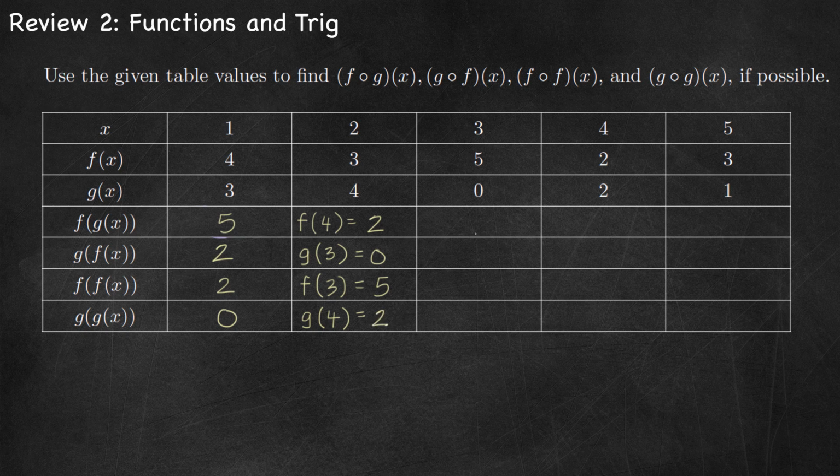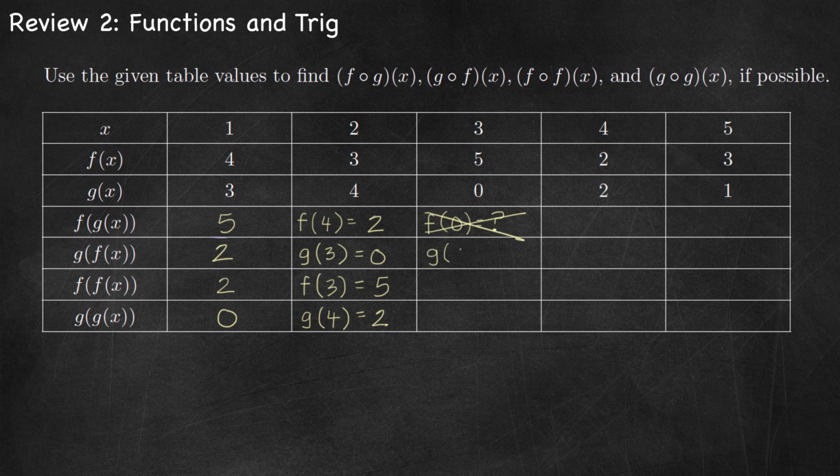Next column, our input value is 3. So here I want f of g of 3. G of 3 is 0. And f of 0 we don't have in our table. So we actually can't determine the value of f of g of 3. That one we won't be able to do. G of f of 3.